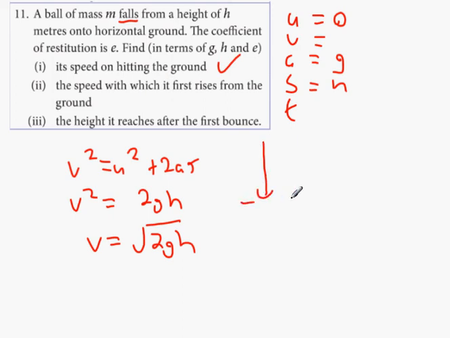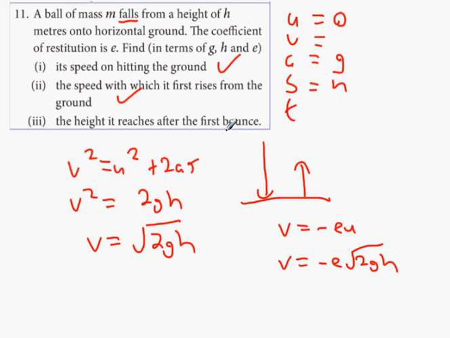The speed with which it first rises from the ground: it hits the ground and comes back up again. v equals minus eu, so v is going to be minus e times root 2gh. Is that right? The height it reaches after the first bounce: how do you find the height now?